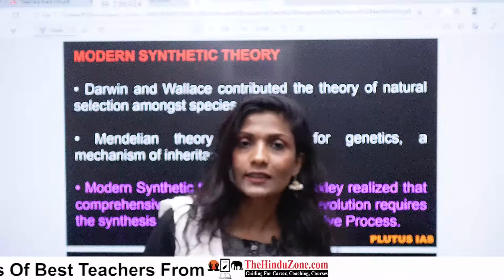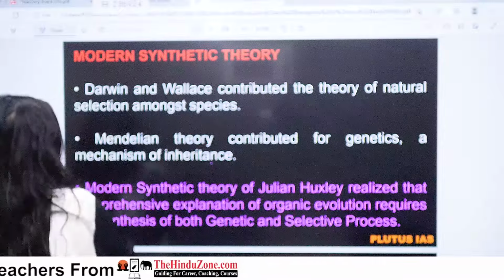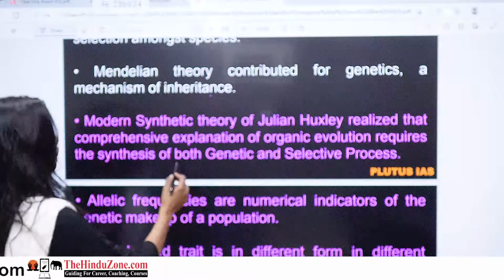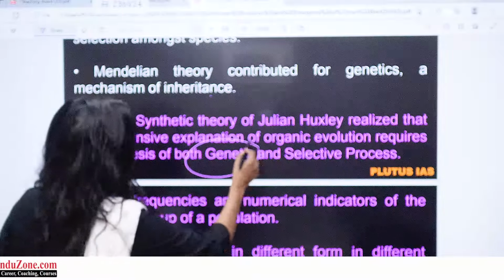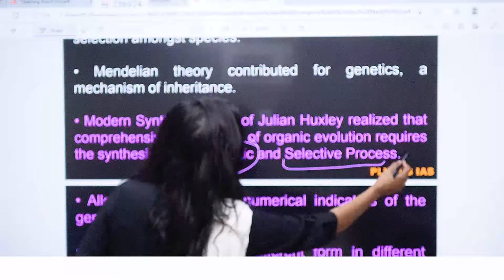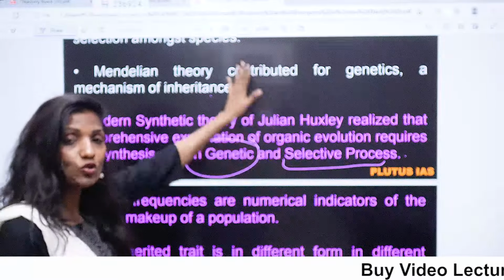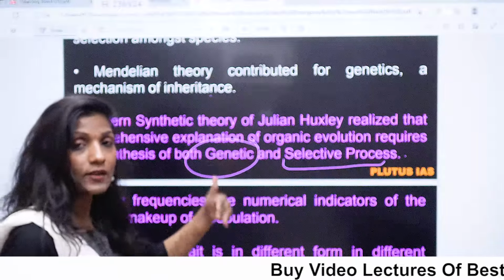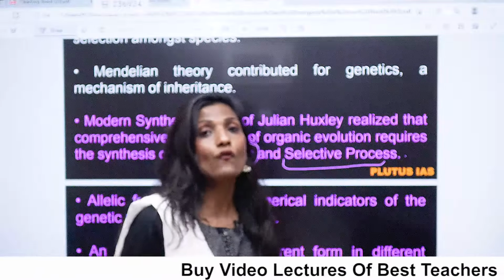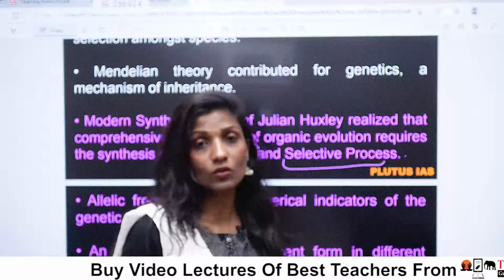So modern synthetic theory emphasizes the synthesis of both genetics and the selective process. With the combination of these two broader theories, we now know how humans or other living organisms have variations.